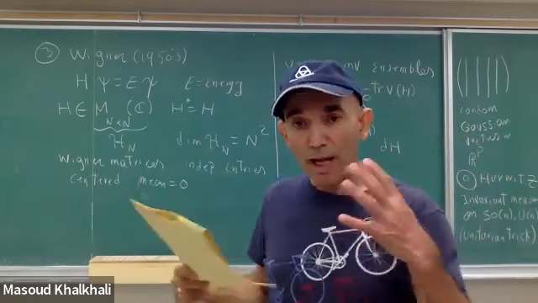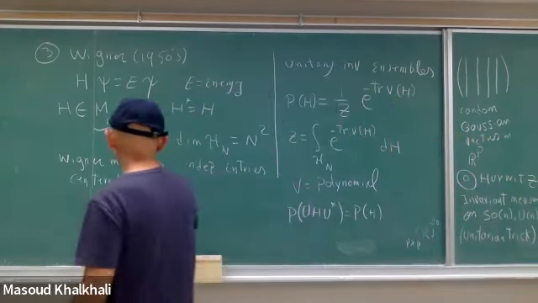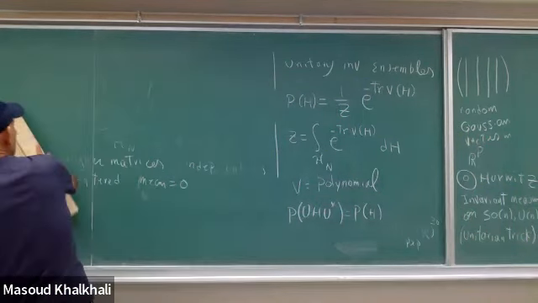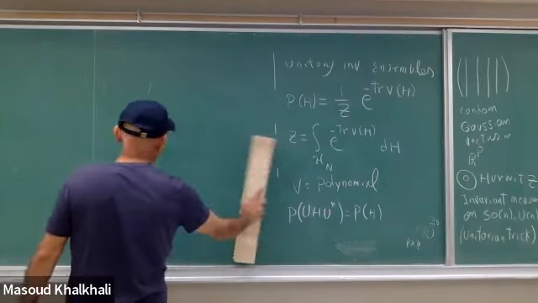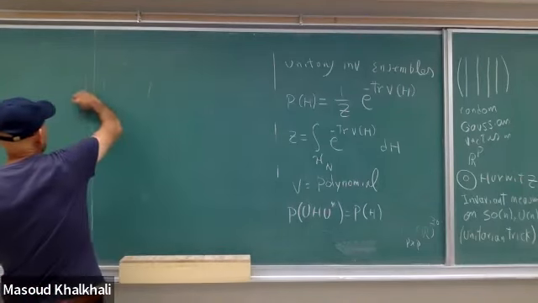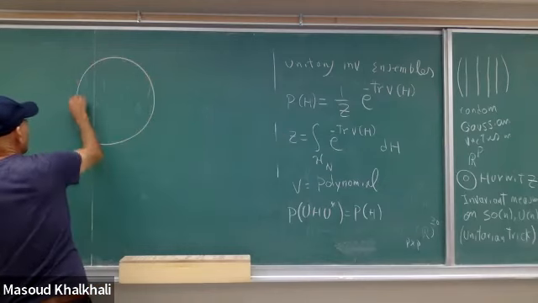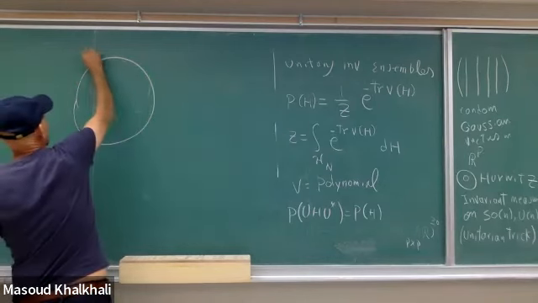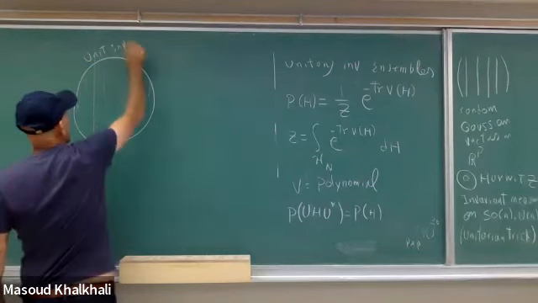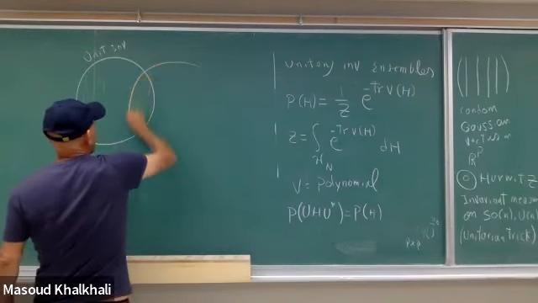So the two classes, the Wigner and the unitary invariant ensembles, intersect in one interesting class. So if you want, this is the class of unitary invariant ensembles, and this is the class of Wigner.